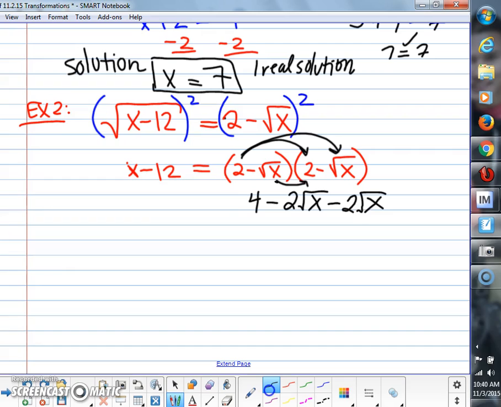And then finally, what is a negative square root of x times a negative square root of x? Okay, so let's show. The square root of x times the square root of x gives you the square root of x squared, and the square root and the squared cancel, so you're just left with x.